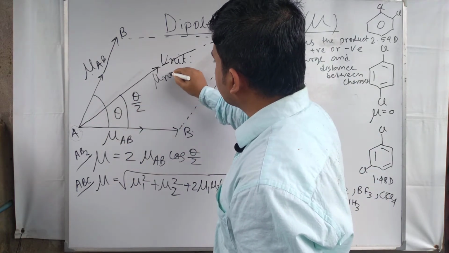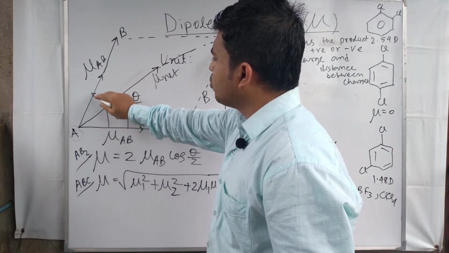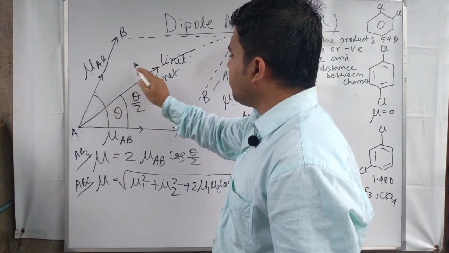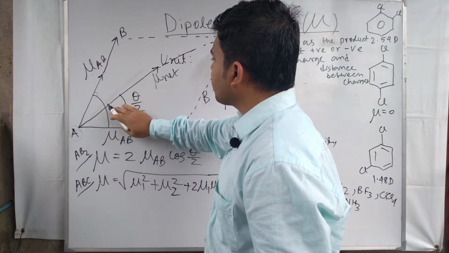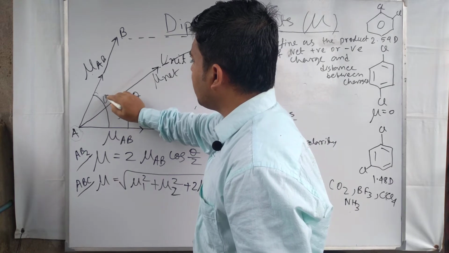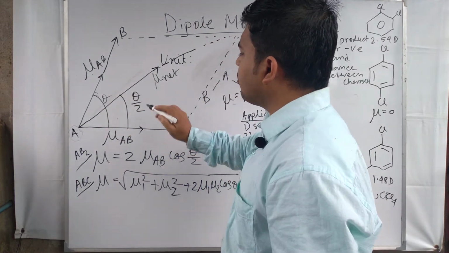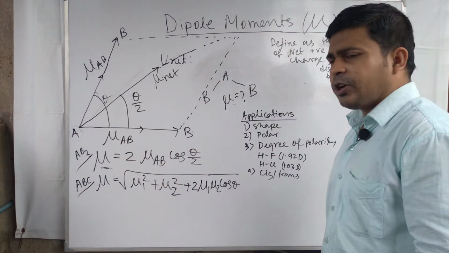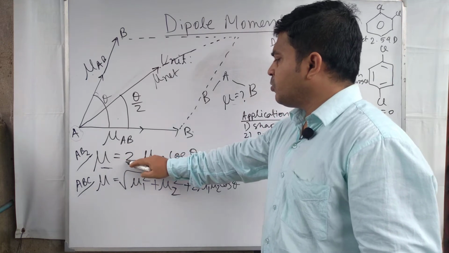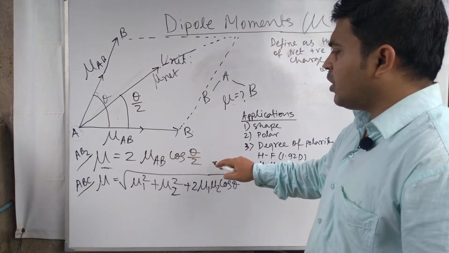The total angle between the two AB bonds is theta, and the angle between mu net and each AB bond is theta by 2. So the dipole moment of this type of molecule can be calculated using the formula mu = 2 mu_AB cos(theta/2).